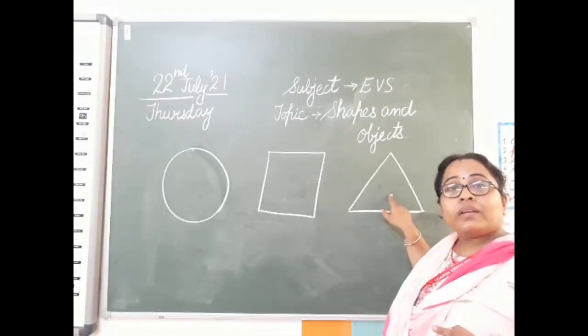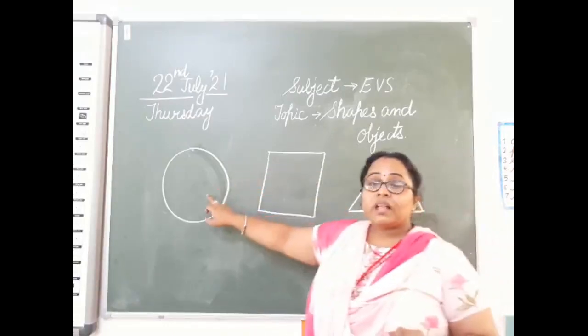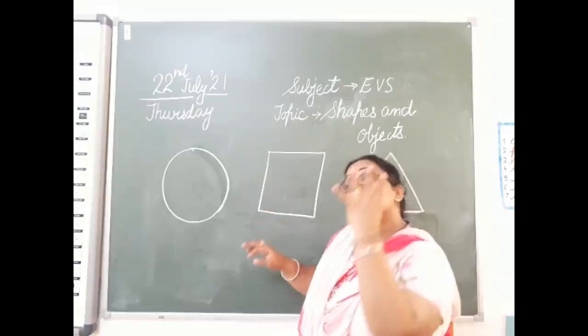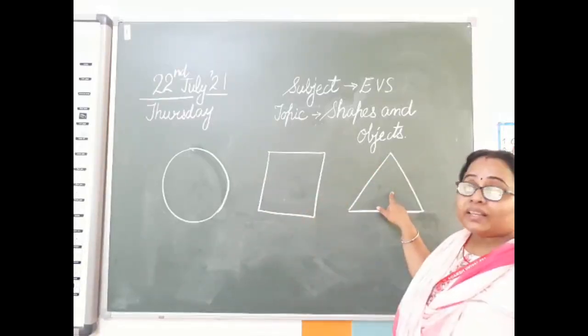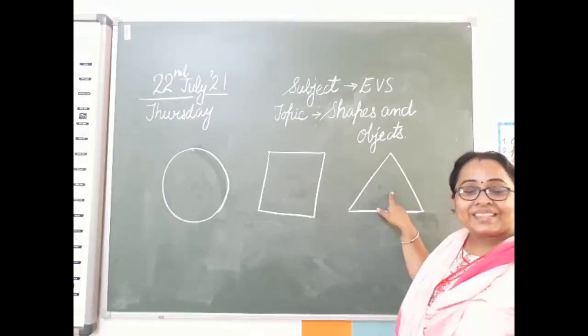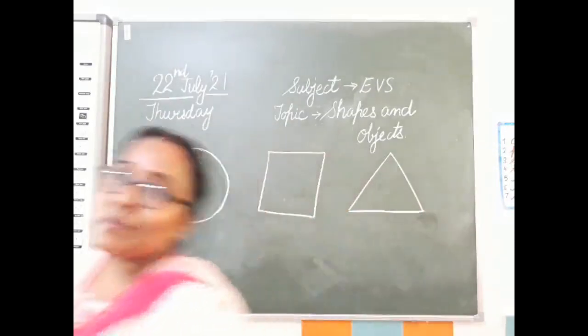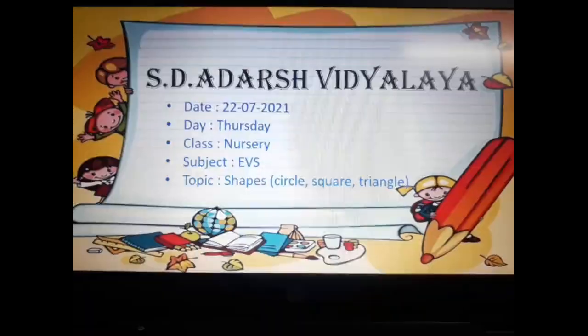Triangle. We call it triangle. So circle has no side. Square has 4 sides. And triangle, it has only 3 sides. Okay class, let's move ahead and see some more examples of these different shapes.